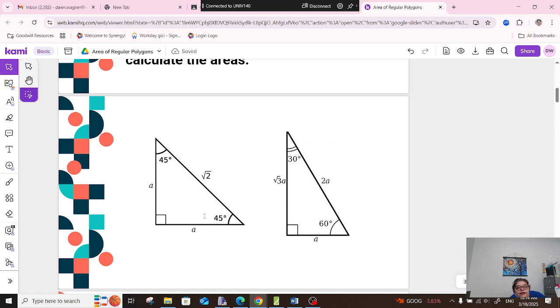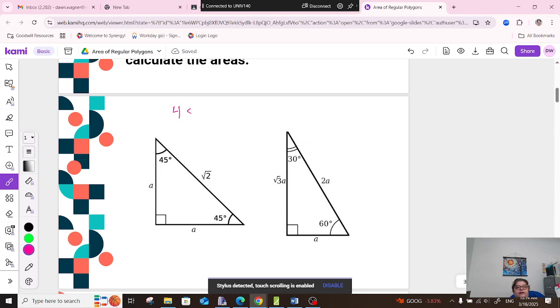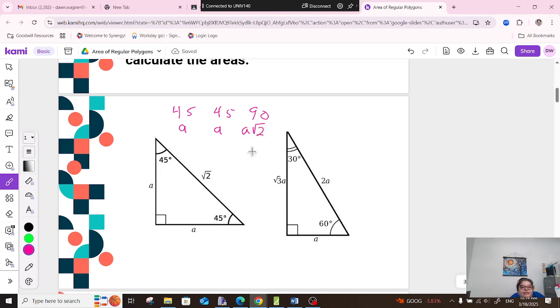45, 45, 90. Do you remember what that pattern was? 45, 45, 90: a, a, a square root 2. So that's the pattern for 45, 45, 90s.